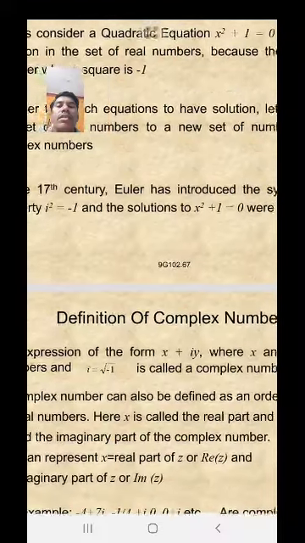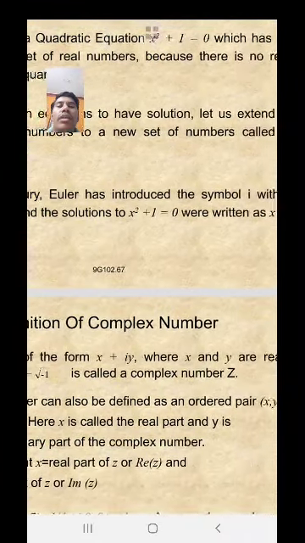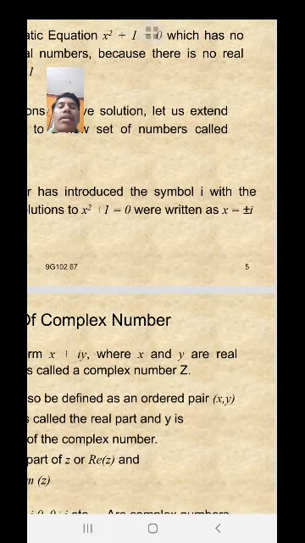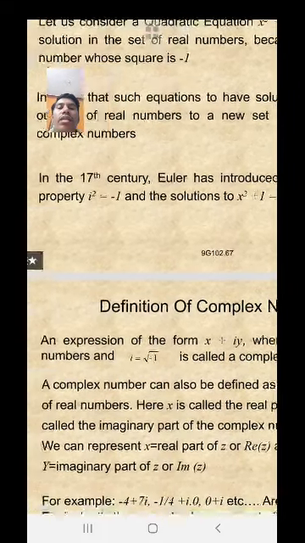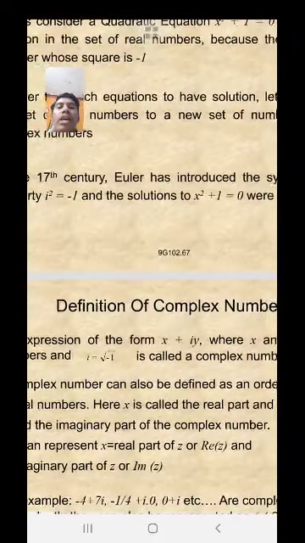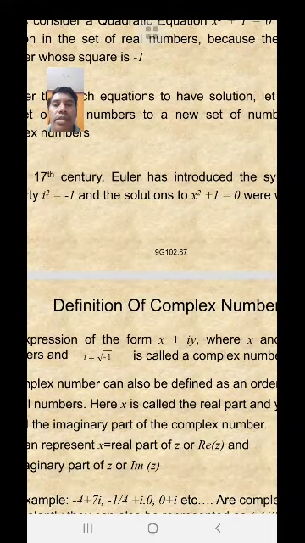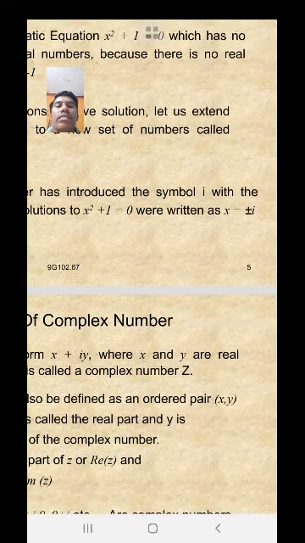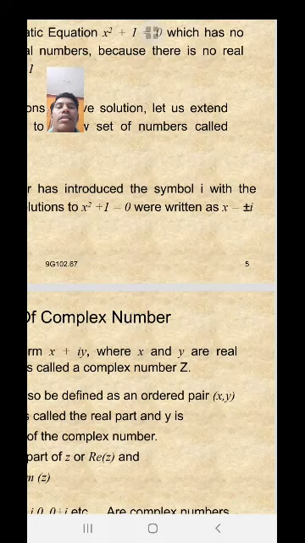In the 17th century, Euler introduced the symbol i with the property i square equals minus 1, and the solutions to x square plus 1 equals 0 were written as x equals plus or minus i.